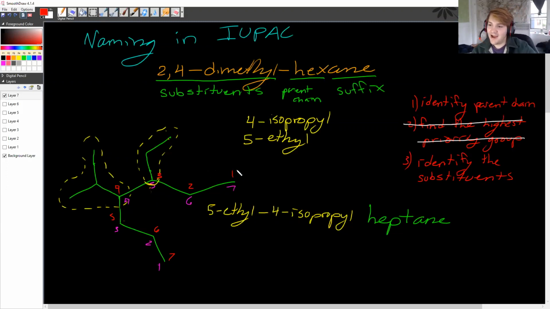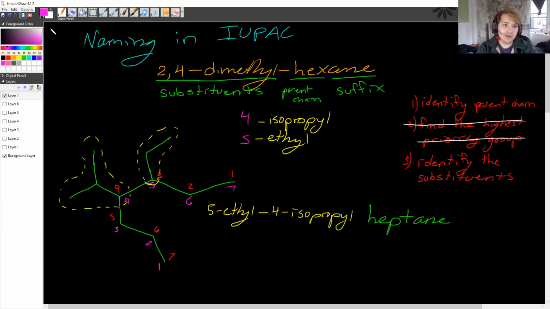How dare you? This is a really big trap that people fall into, is that they figure out the longest chain and then they just go with it. But what's important to know is that you have to number both ways for the longest chain to determine that things are going on lower numbers or lowest locants. And so if we look at the purple naming scheme, then we have 4 and 5.